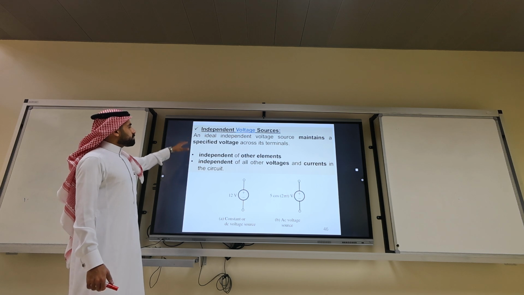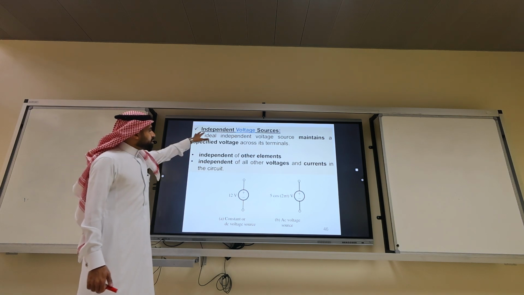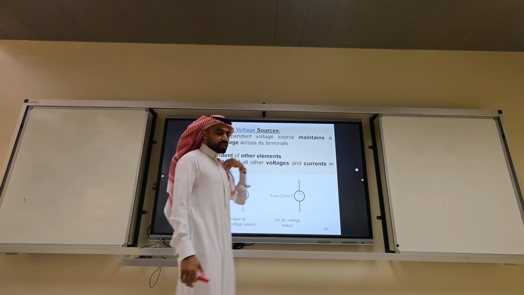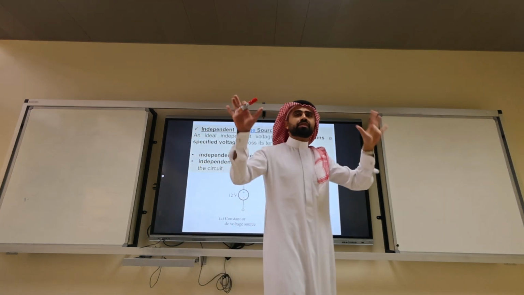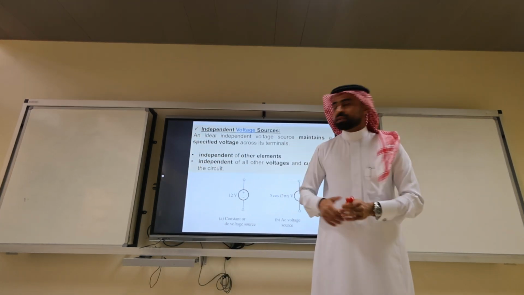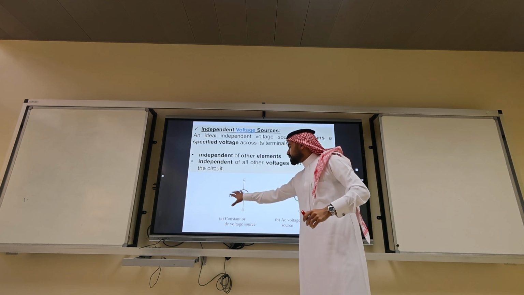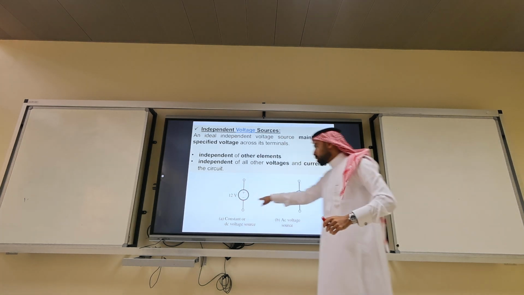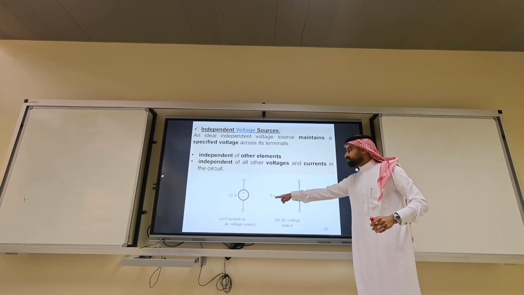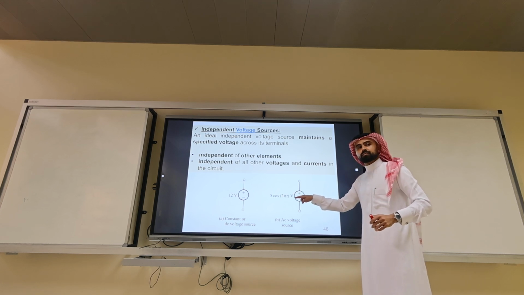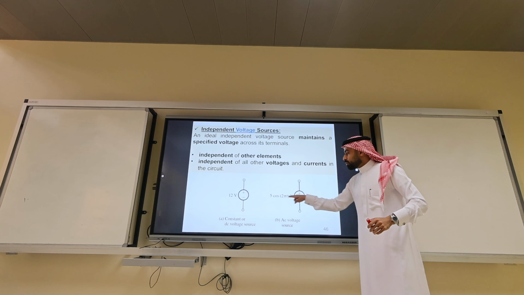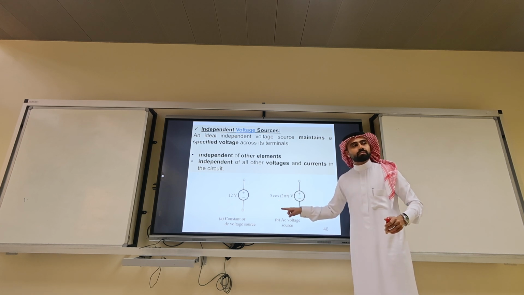Then sometimes we have, okay, what we have here is what we call independent voltage sources. It means in this course we will only deal with independent voltage source. It means the voltage source is either DC as a number or sinusoidal signal, 5 times cosine 2 pi t. The only variable that you will have is time.